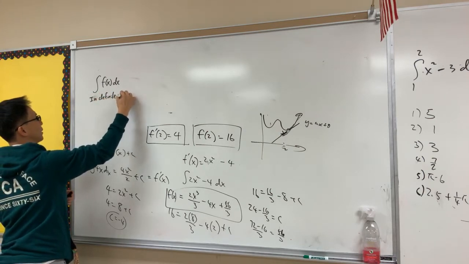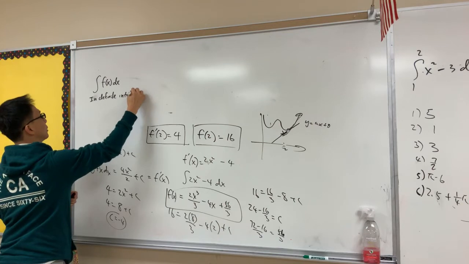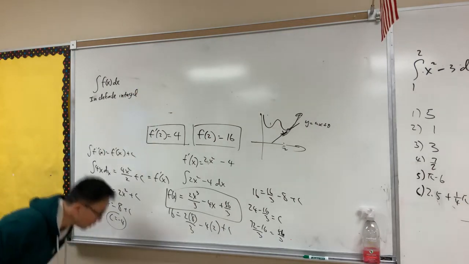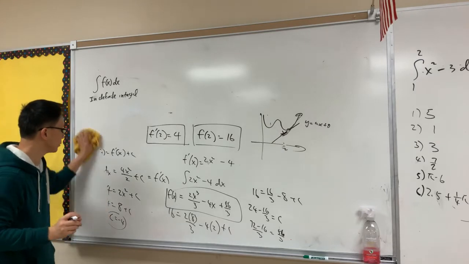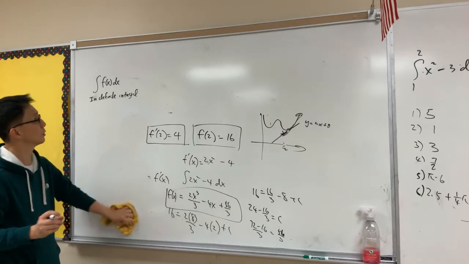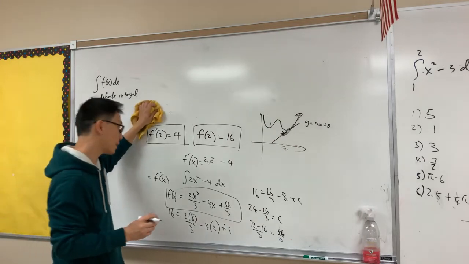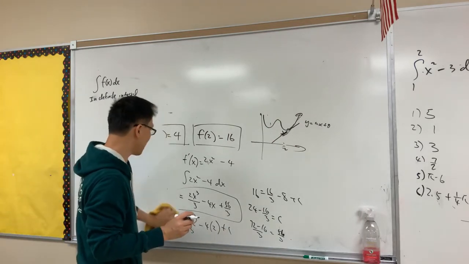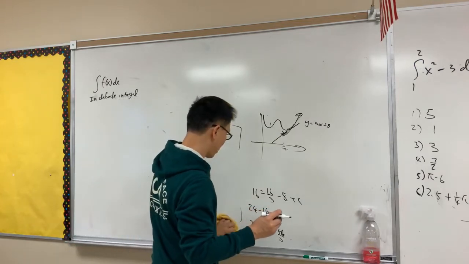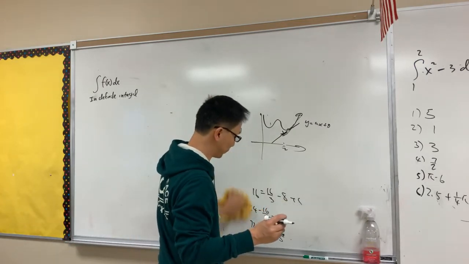It's called indefinite integral because it has no boundary. It has no boundary at all. And we also call this anti-differentiation, anti-derivative. So people have different names for it, which is the reverse of the derivative.